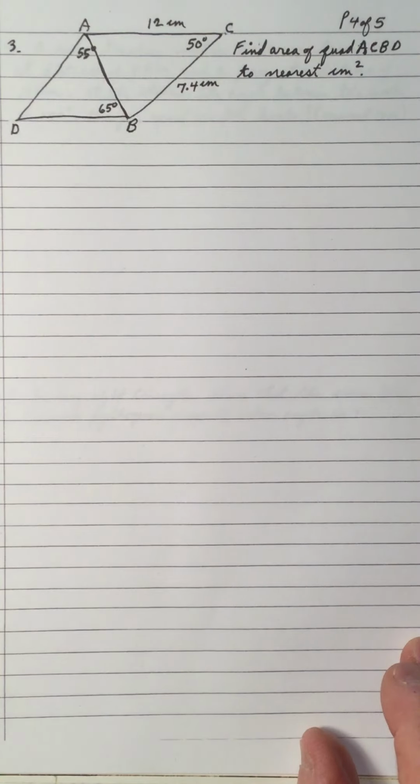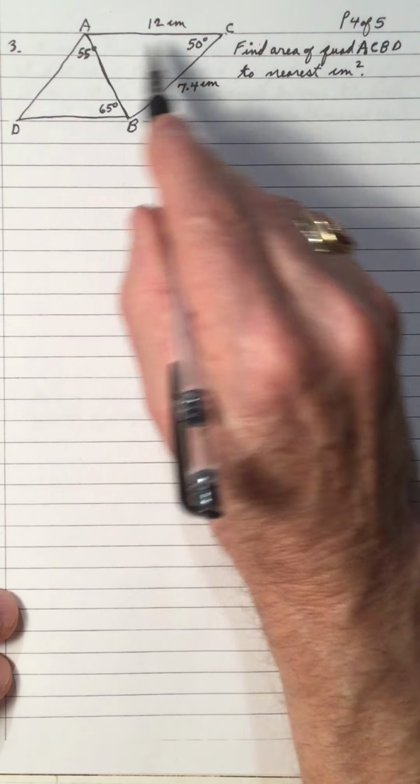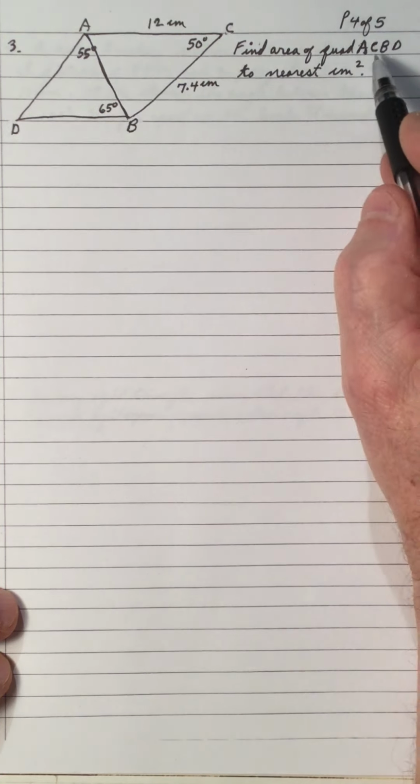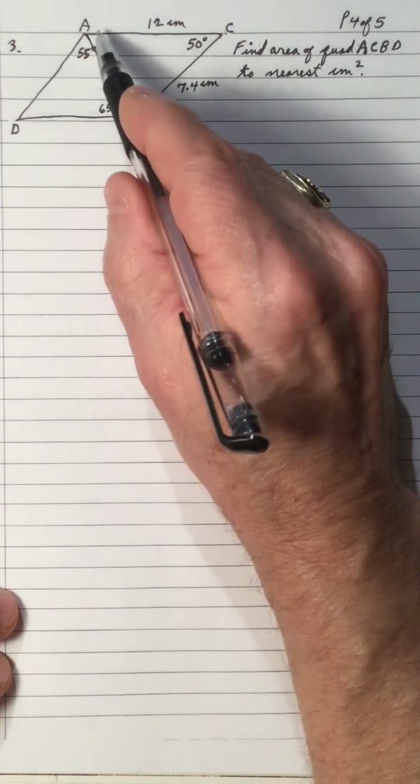Okay, now we have another one. Find the area of the quadrilateral A, C, B, D. You've got to go around in order: A, C, B, D. Find the area. Well, I see two sides and an included angle, so I can get the area of this triangle by half of AB sine theta.